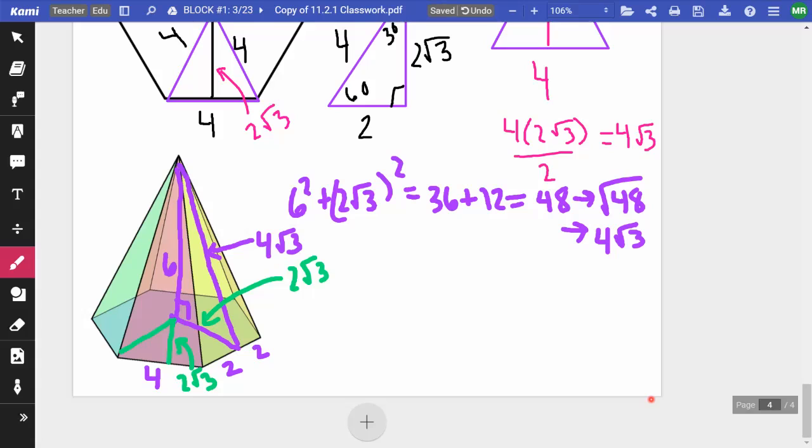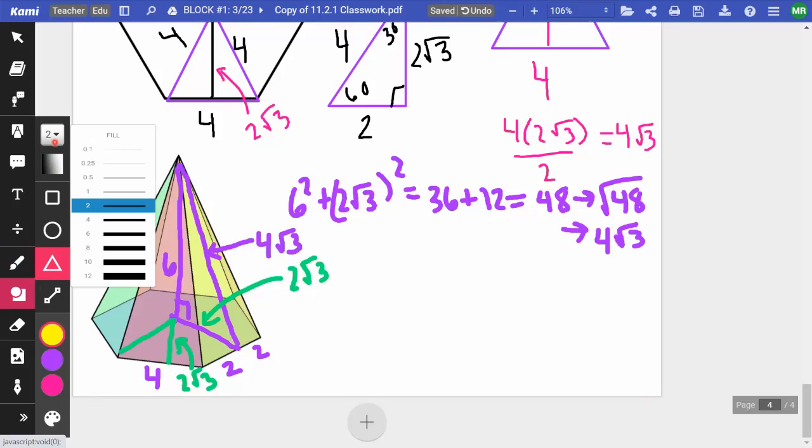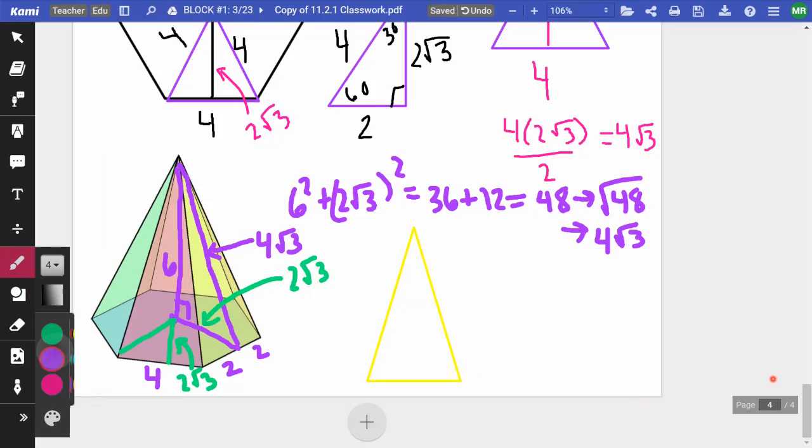Okay, so that yellow triangle, let me draw it in yellow, a little thicker, make sure it's dark. The base of it was 4.